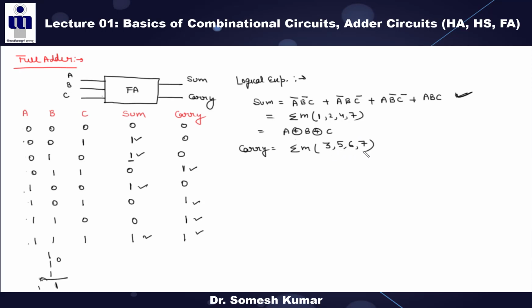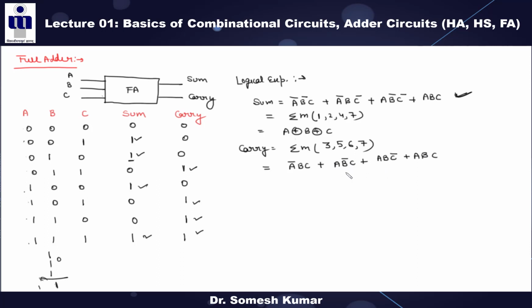At the 3rd, 5th, 6th and 7th, our carry is 1. So this is the sum of all these positions. In terms of variables: A bar BC plus ABC and so on. Now this can be minimized.